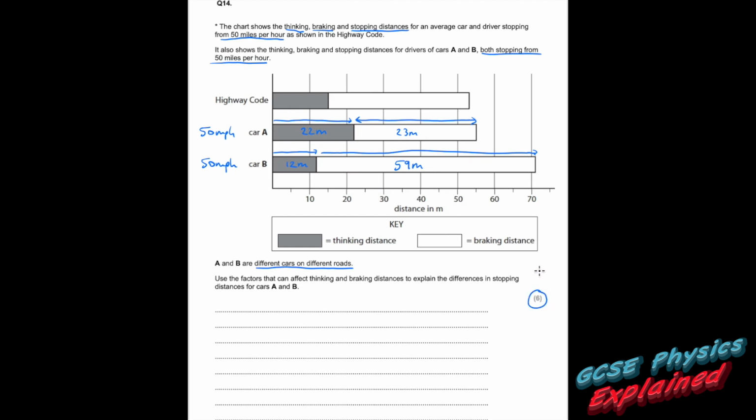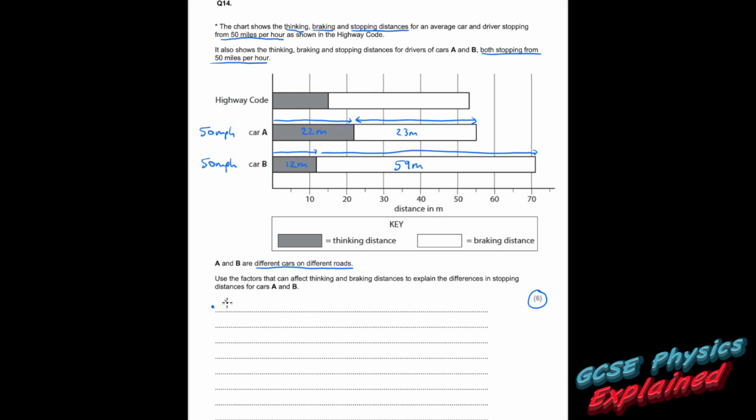So factors that affect the thinking distance are drugs, alcohol, distractions. They will make you take longer than normal to react.